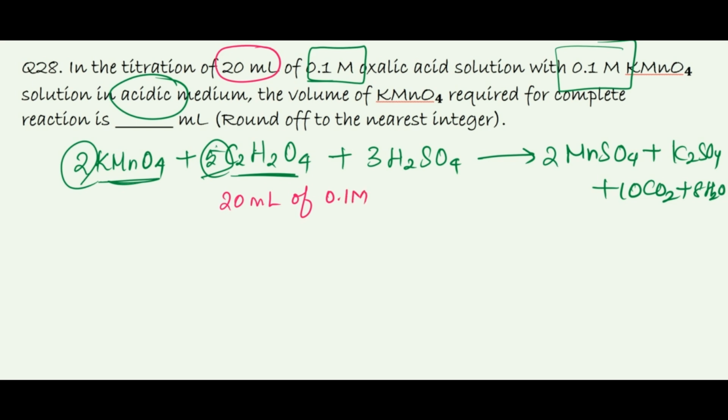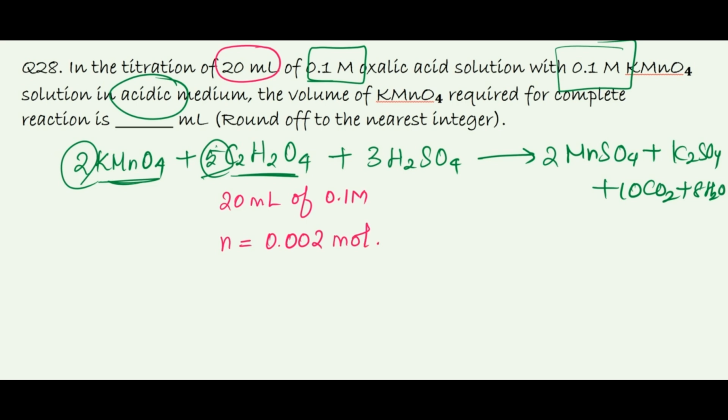So 20 ml of 0.1 molar oxalic acid, which means how many moles? The n becomes 20 into 0.1, that is 0.020 liters into 0.1 molar, which makes it 0.002 moles of oxalic acid.